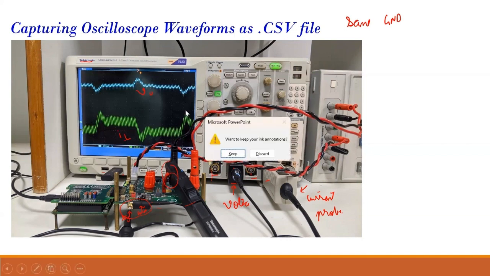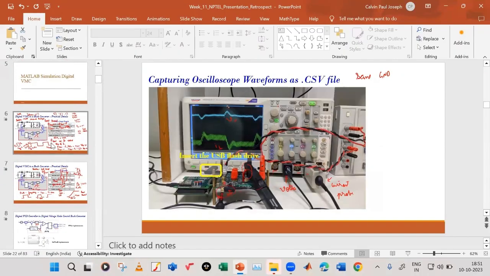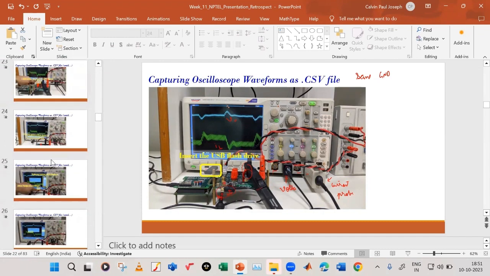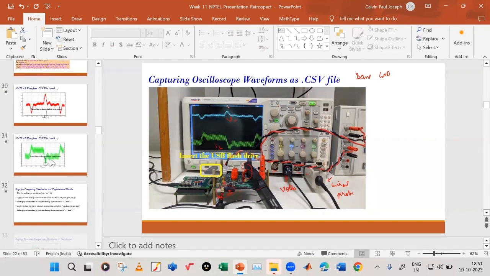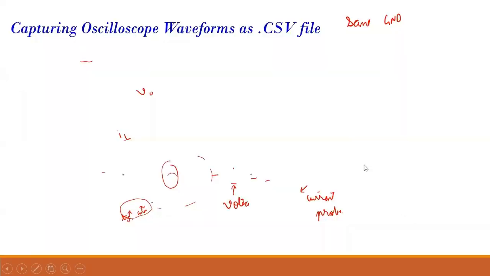Okay, let me just show you a connector. So if there are two different grounds in a circuit, then we should not be using the same probe to measure the voltage, right, sir?